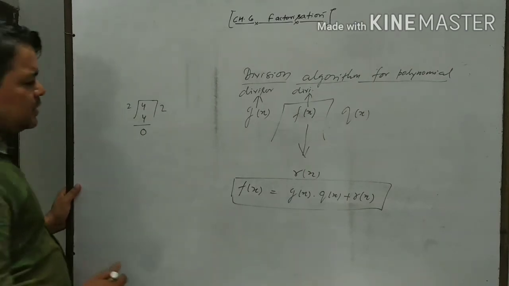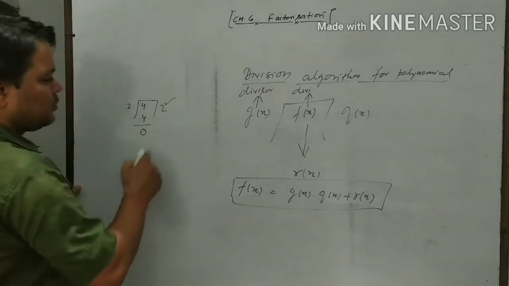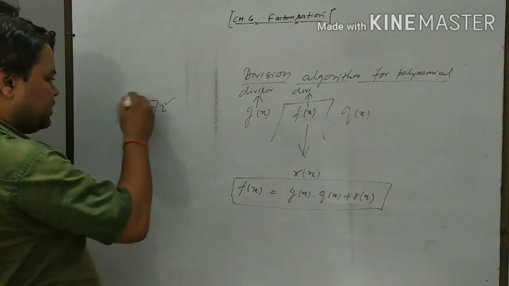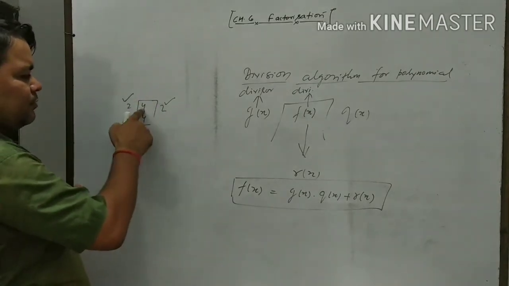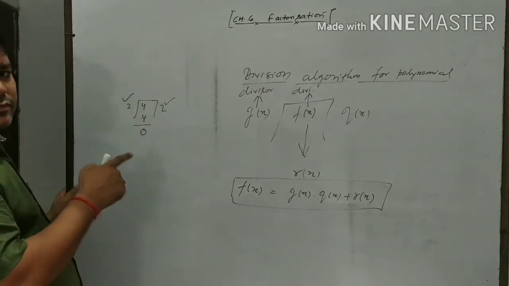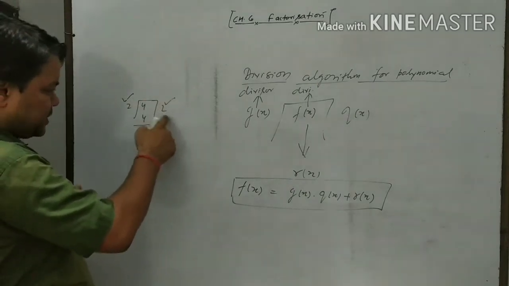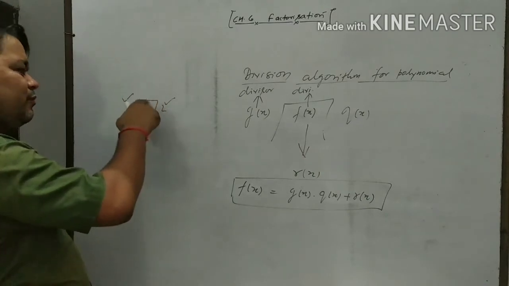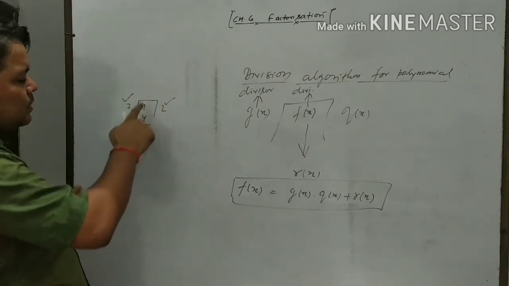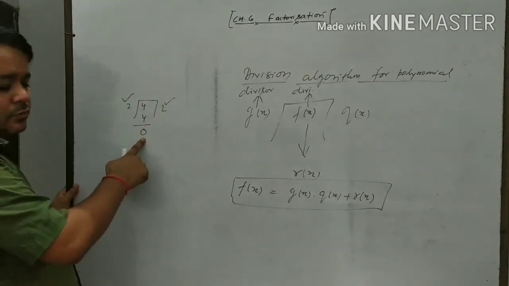In that case, we can say that this quotient and this divisor are factors of 4. That means the divisor and quotient will be factors of 4 when the remainder is 0.